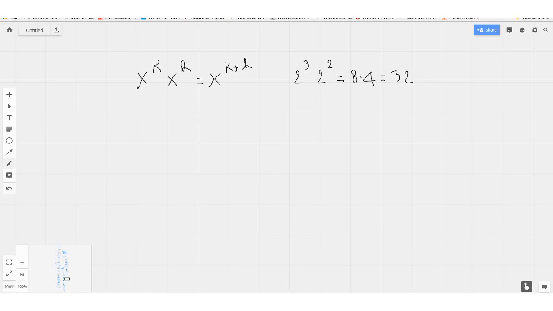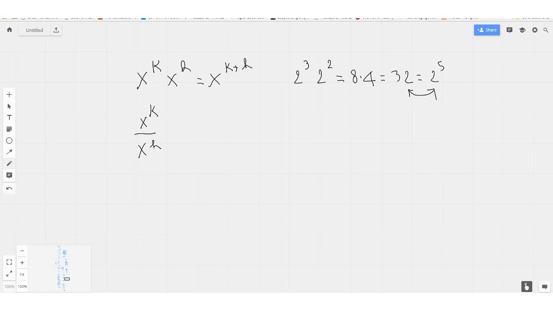And that's equal to, what happens if now we take 2 to the power of 5? That's 32. So this is indeed correct.